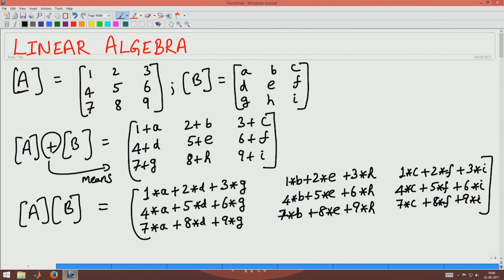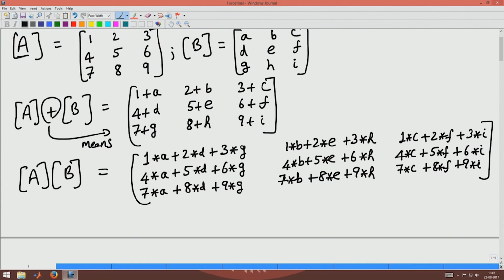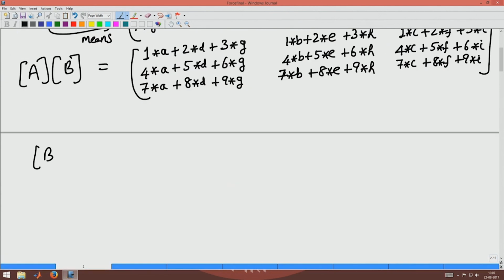Now, A into B is not going to be equal to B into A. Let us see that. Now, I am interested in finding the result for B times A. This is not equal to A times B in general.